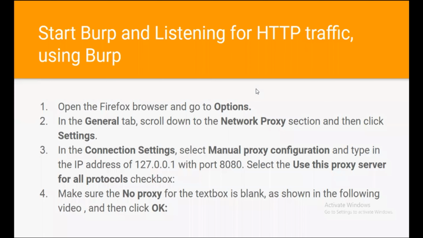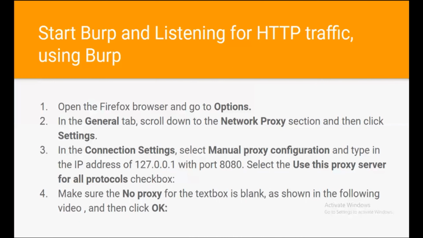Now open the Firefox browser, go to Options in the General tab, scroll down to the Network Proxy section and then click Settings. In the connection settings, select Manual proxy configuration and type in the IP address 127.0.0.1 with the port 8080, and use this proxy server for all protocols.